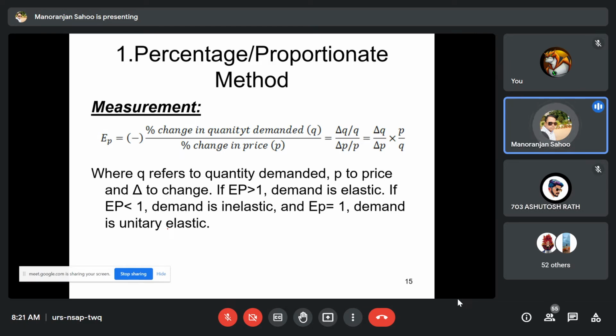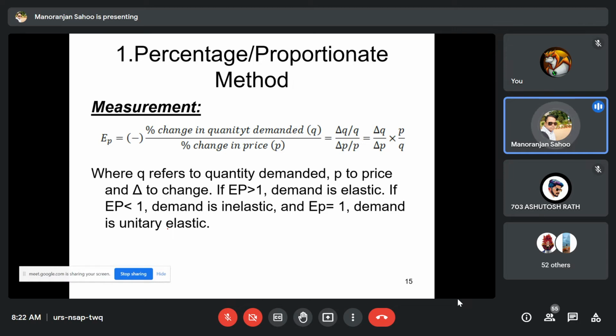So when price increases, demand will reduce, and vice versa. So every time either the denominator or the numerator will be a negative value. When at least one value is negative, the whole ratio will be negative.